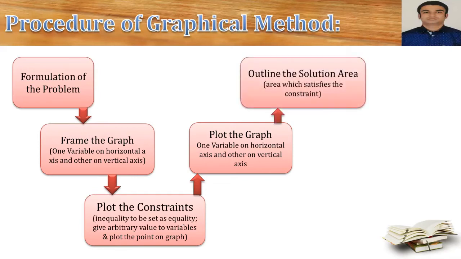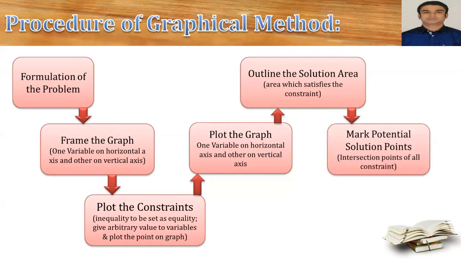After that, outline the solution area, the area which satisfies the constraint equation. Check the constraint equation's conditions and mark out the area which satisfies that constraint. After that, mark the potential solution points, meaning the intersection points of all constraints.